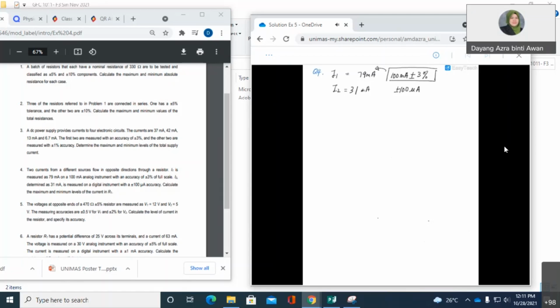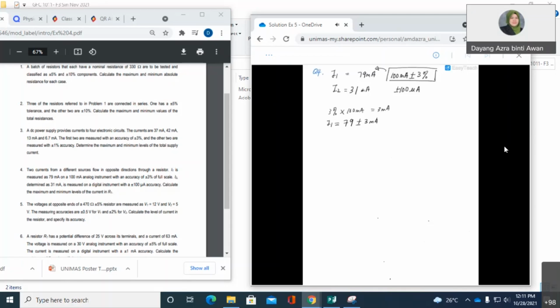So first you need to find the accuracy of I1. 3% of the 100 milliamp, we need to find the value, which is around 3 milliamp. Thus for I1 we have 79 plus minus 3 milliamp.